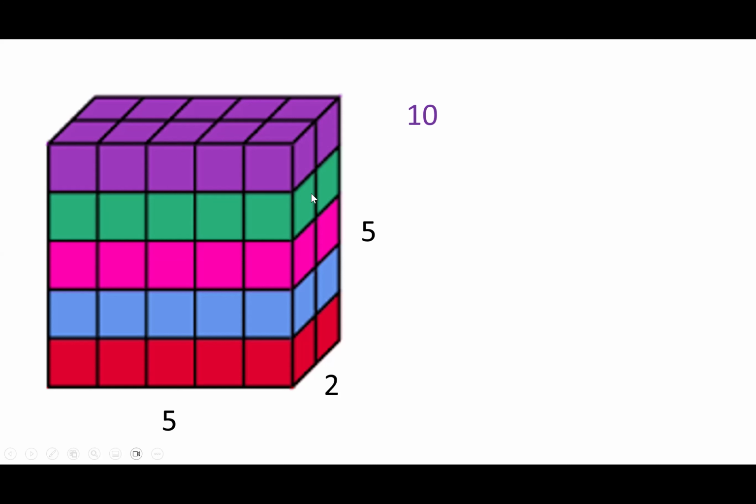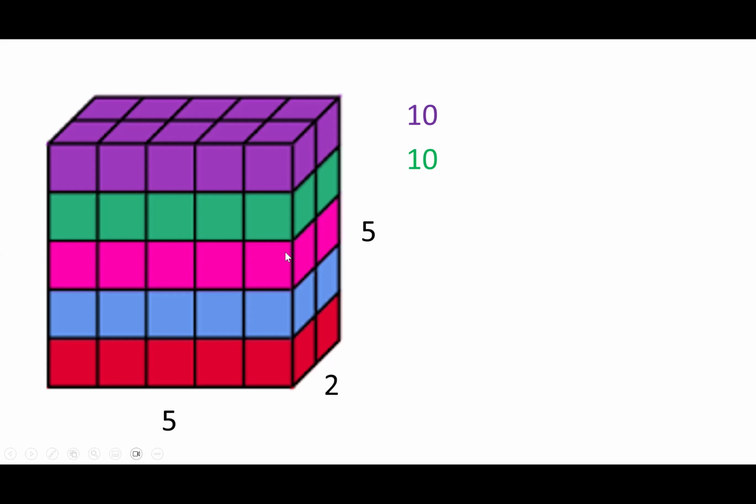But I'm going to say I have the same amount of green cubes as purple cubes, because if I was missing any green cubes, the purple cubes would fall down. I cannot have empty spaces. So I also have 10 green cubes.